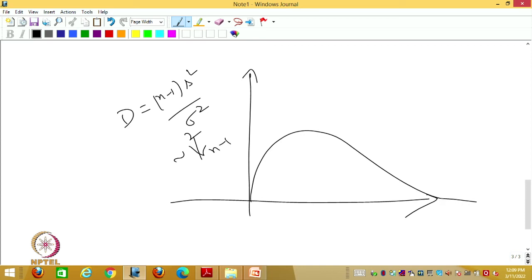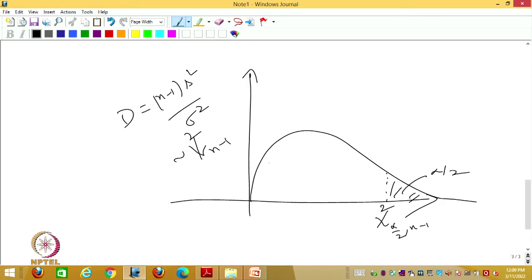The way we started with the standard normal statistic, x bar minus mu divided by sigma by root n, the same way here the statistic is n minus 1 times s square by sigma square, which follows a chi-square distribution with n minus 1 degrees of freedom. Therefore, we identify the point at which the right tail probability is alpha by 2.